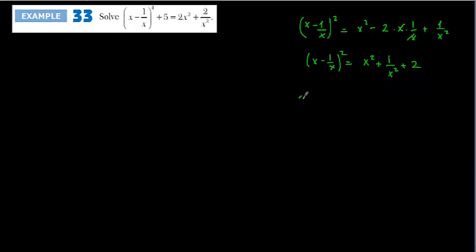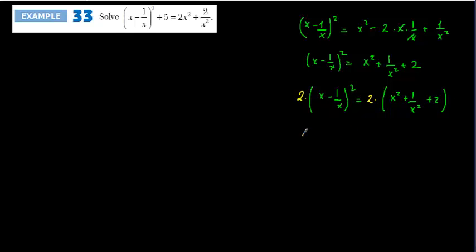So I'm going to multiply all the terms by 2, and I'm going to try to get the common term here. 2 times x minus 1 over x squared is equal to 2 times x squared plus 1 over x squared minus 2, it's going to be.